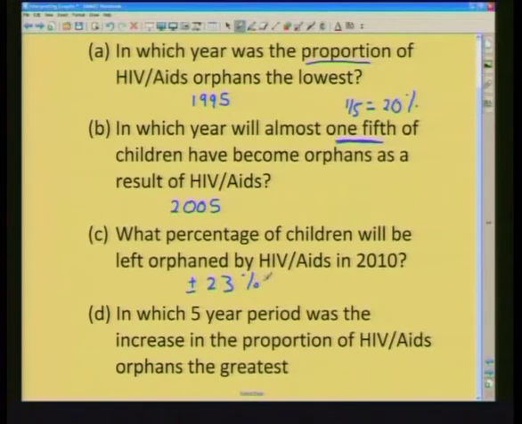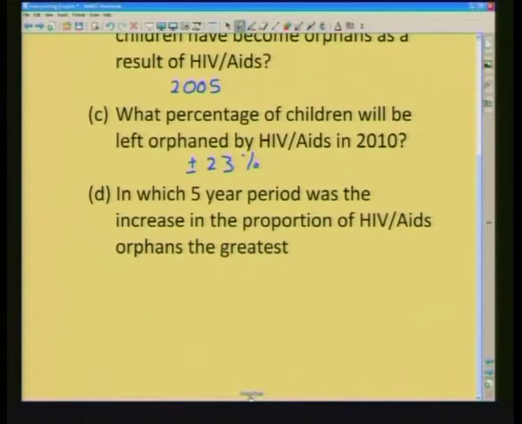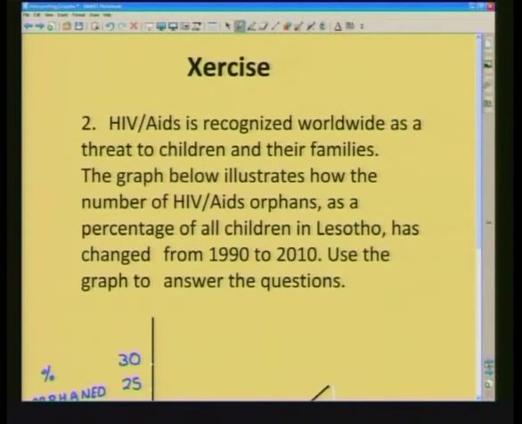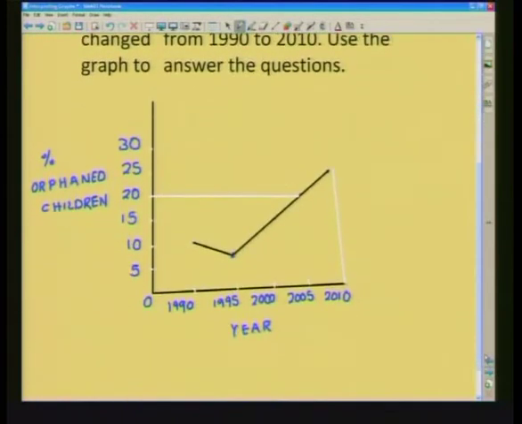23%. And then finally, in which 5-year period was the increase in the proportion of HIV and AIDS orphans the greatest? So what we need to do is look on the graph for the biggest change or the biggest gap. And we see that the biggest gap would actually be from the years 2000 to 2005.